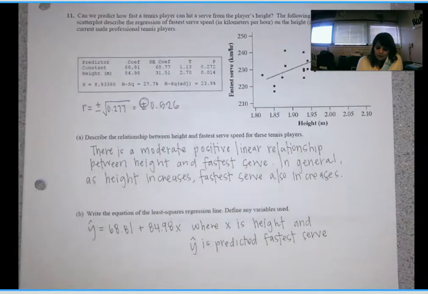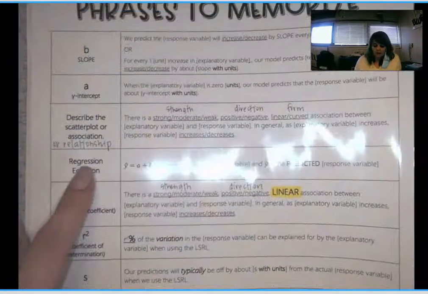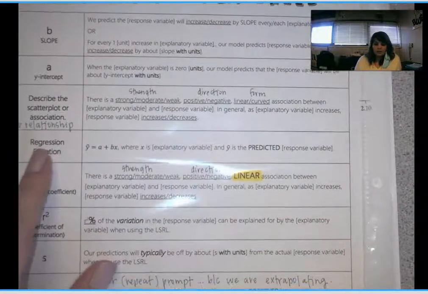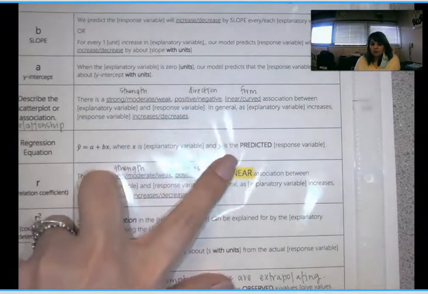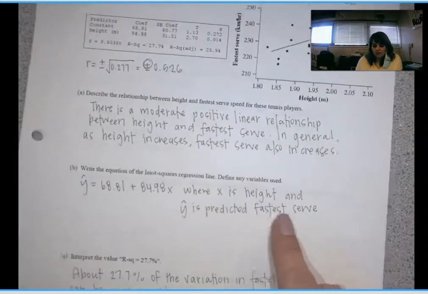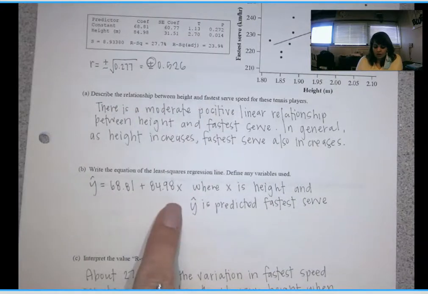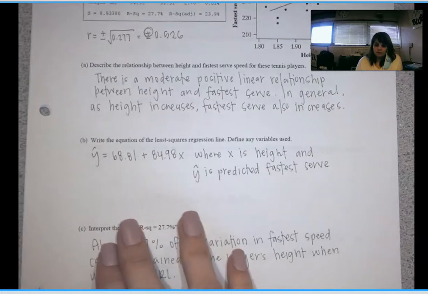B, write the equation and define any variables used. So that is exactly what we have here. If you're ever asked to write the regression equation, you just want to make sure that you always define x and y hat, and they're just being nice and reminding you to do that. So this is our regression equation where x is height and y hat is predicted fastest serve.